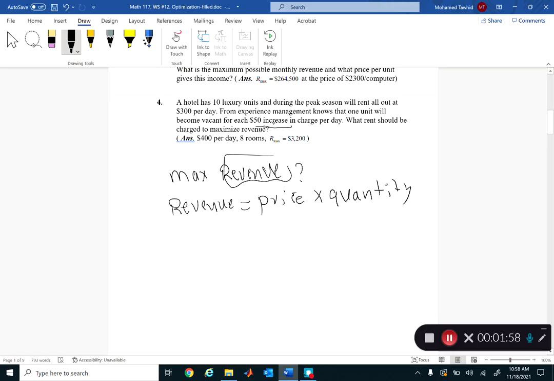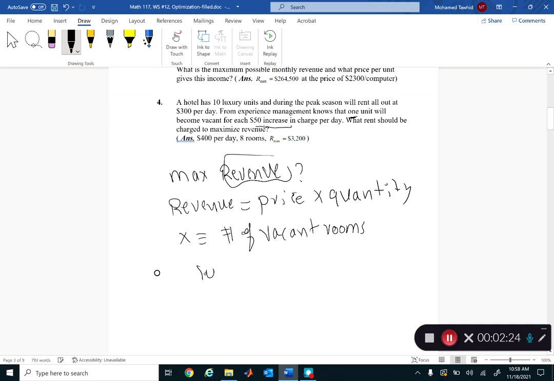Since they tell you each unit, if you have one unit vacant, I'm going to assume x is the number of vacant rooms, because I don't know how many rooms are vacant. So that is our x. Now what is the quantity here?